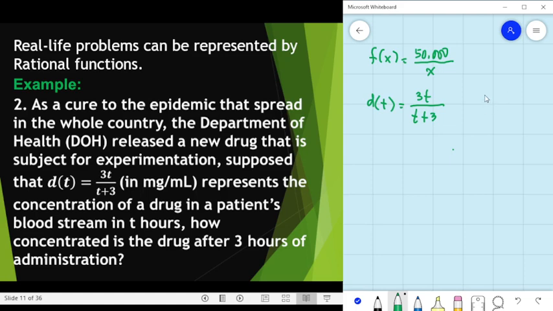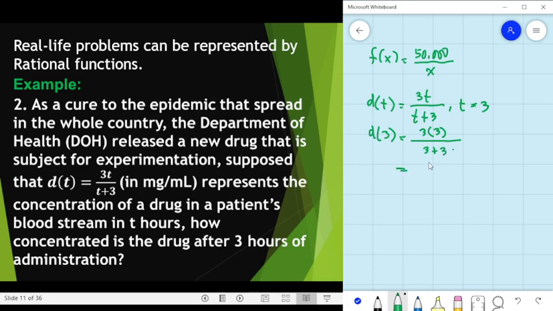We are asked how concentrated the drug is after t equals 3. In order to answer the problem, we substitute t with 3. So the numerator becomes 3 times 3, and the denominator becomes 3 plus 3.